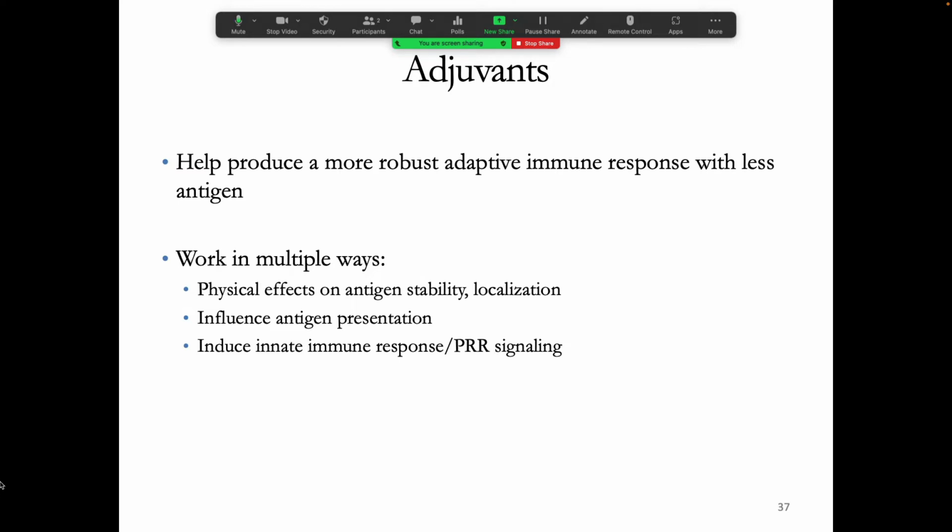So proteases and nucleases and everything can't chew it up as easily. So it makes it last a little longer in your body. Or makes it go to a particular location in your body. There are some adjuvants that can influence antigen presentation, but there are many adjuvants that specifically work to induce innate immune responses or provide PRR signaling.